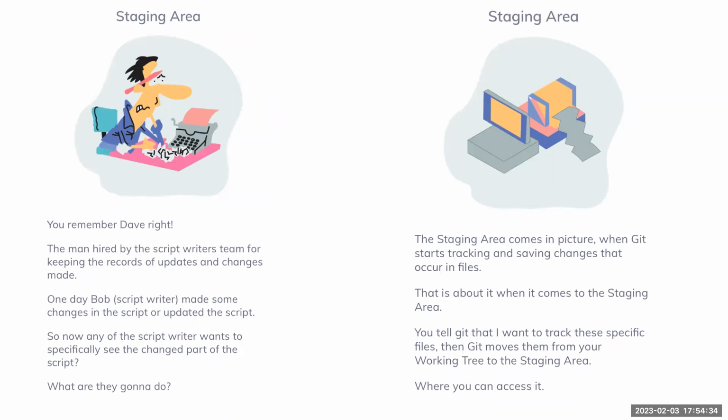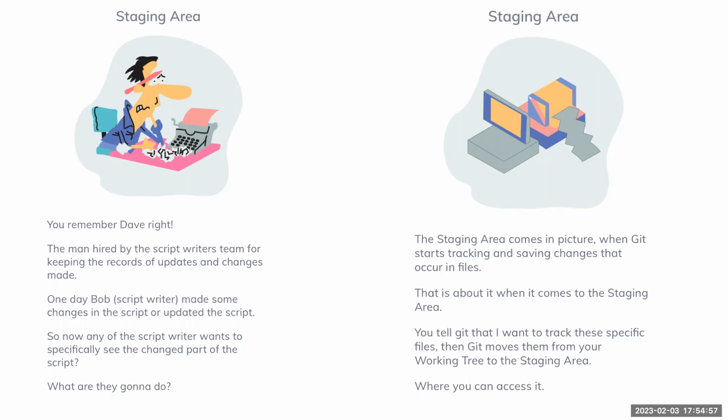Okay, what is the staging area, right? That's what I'm going to tell you. When you go to Eclipse and check, there is a Git staging area available. So what is this? Now you remember Dave. Just go back to that example. I'll try to explain staging, and we'll come back to GitHub again.